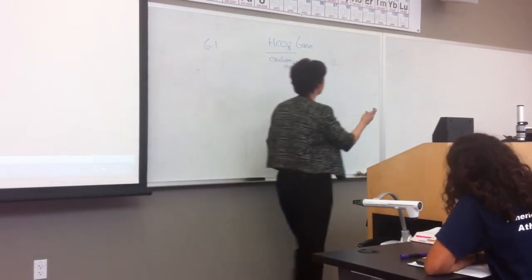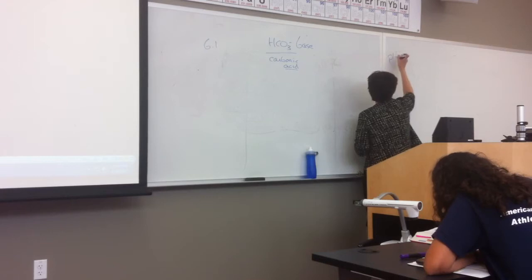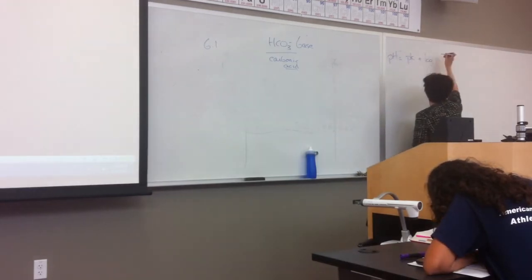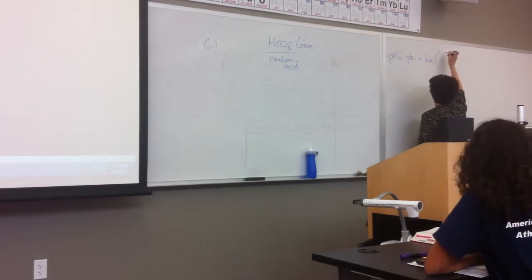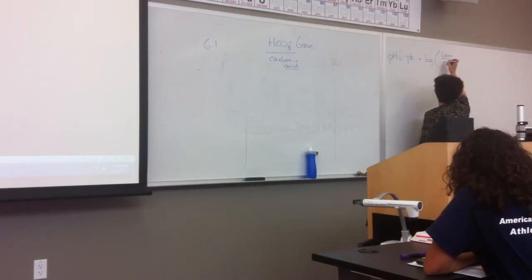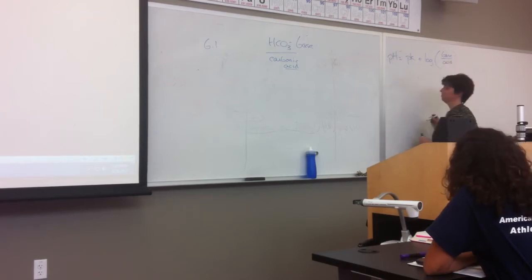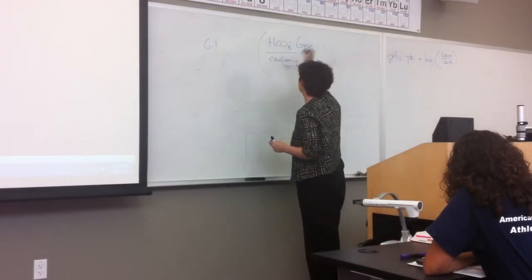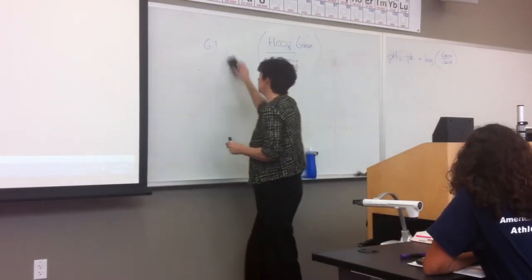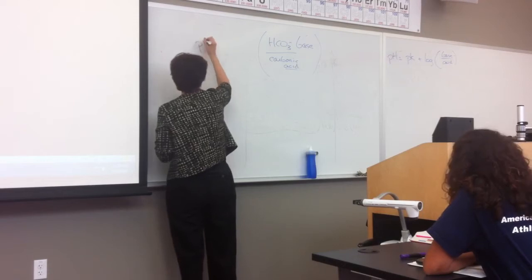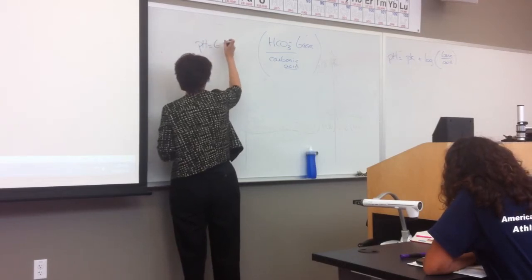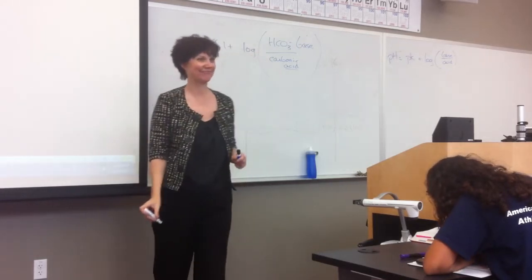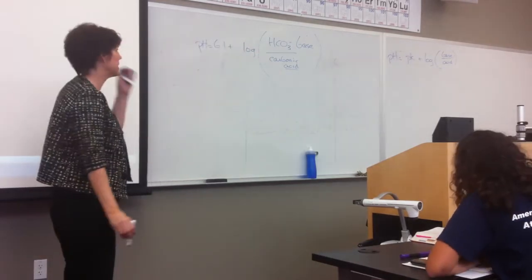So the Henderson-Hasselbalch equation says the pH is equal to the pK plus the log of the base divided by the acid. Our base is bicarb and our acid is carbonic acid. So our pH is equal to 6.1 plus the log of that, whatever that is, and it's going to vary depending on our conditions.